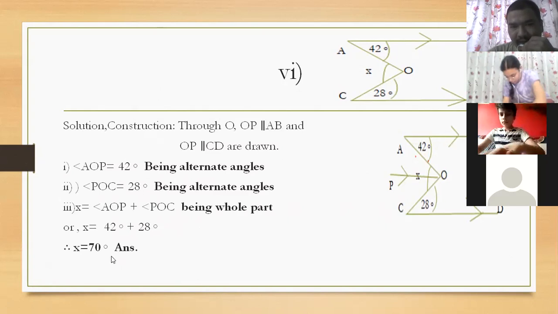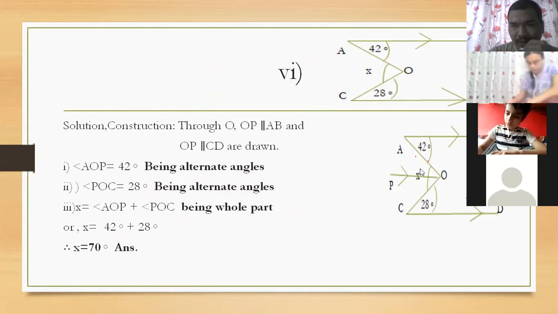Are you clear about it, children? You can find the upper angle being an alternate angle, and the lower angle also an alternate angle, PQC and POA alternate with this 42 degrees, and you have to add these two angles now. Then you will have 70 degrees by the whole part axiom. Okay, children?